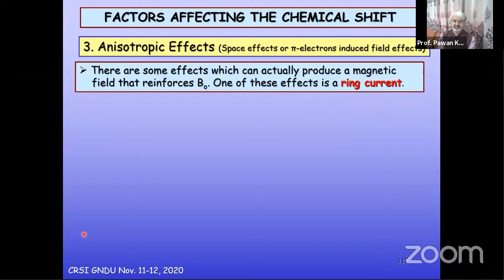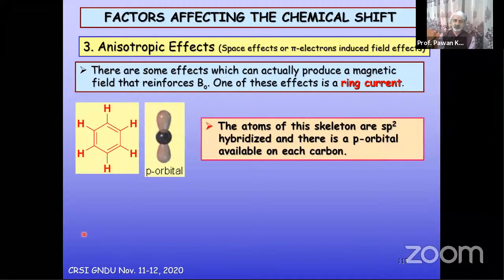Now, there are some effects which can actually produce a magnetic field that reinforces B0. And one of these effects is called ring current. If you remember, when I introduced to you the concept of shielding, at that time I said that if the induced magnetic field opposes the applied magnetic field, then it's a case of shielding.